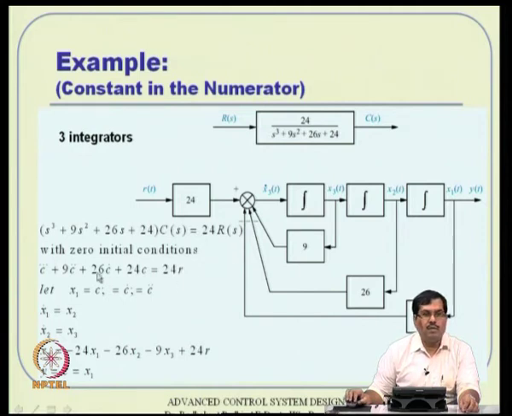Now, if you go back to your Laplace transform ideas, s cube means third order derivative, s square means second order derivative, like that. So, you will end up with an equation in differential equation form, a third order differential equation, and again we will go back to the system variable representation. We will discuss, x1 is equal to c, I think there is a small print mistake here, x1 is c, x2 is c dot and x3 is c double dot.